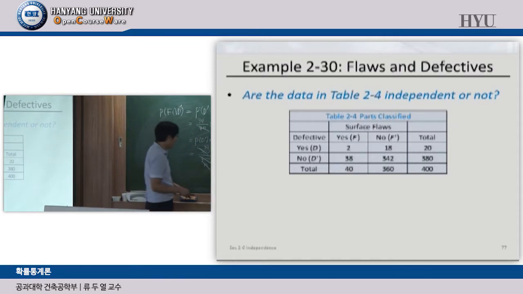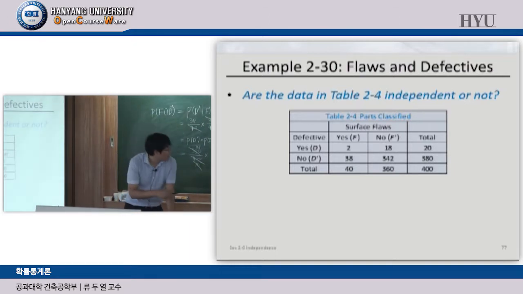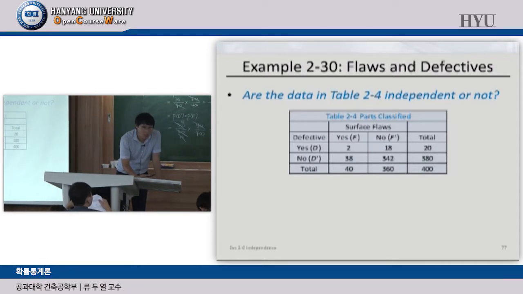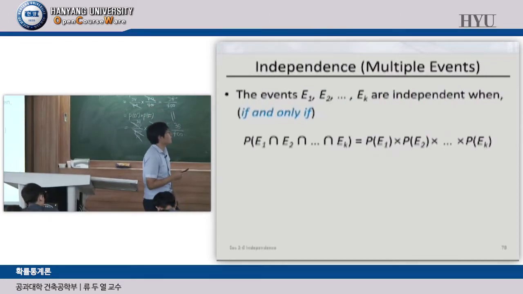So as you can see, the probability of these two cases are equal. So we can determine that the data in table 2-4 are independent, okay? And this is the explanation for the independence of multiple events.